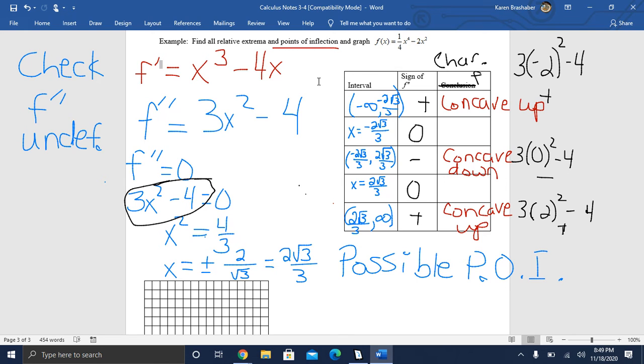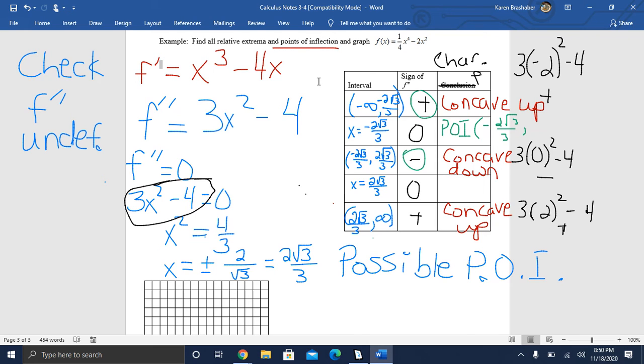And then now, because we had a sign change, we went from positive to negative, and it doesn't really matter on this one which one comes first, just that you do have a sign change. So since there was a sign change from positive to negative, then we have a point of inflection, and its ordered pair would be negative 2 square root 3 over 3.